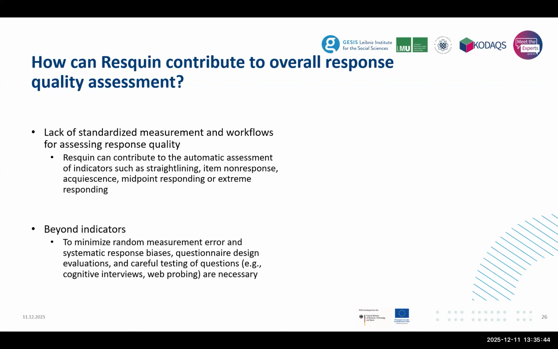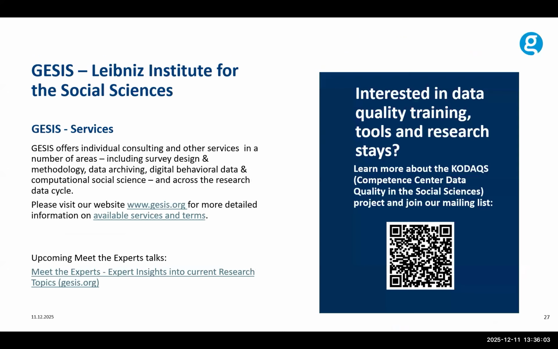Evaluate your questionnaire design carefully. If you have the possibility, carefully test your questions, for example with cognitive interviews or web probing, to ensure that the questionnaire or the question itself doesn't trigger certain response styles or certain response strategies.